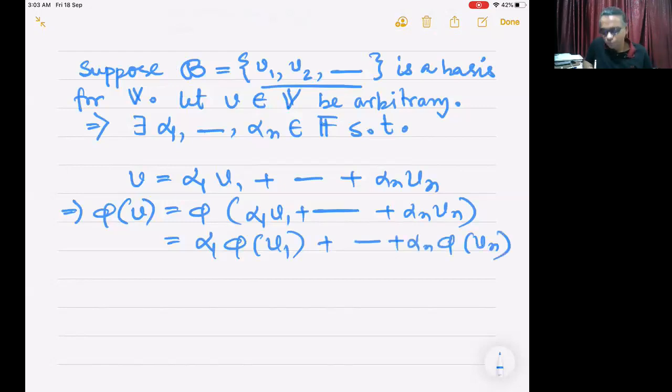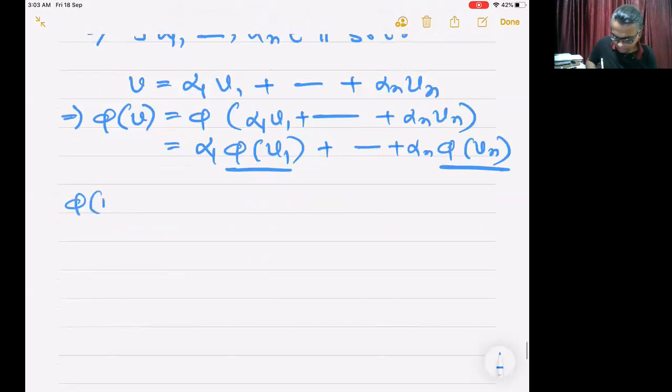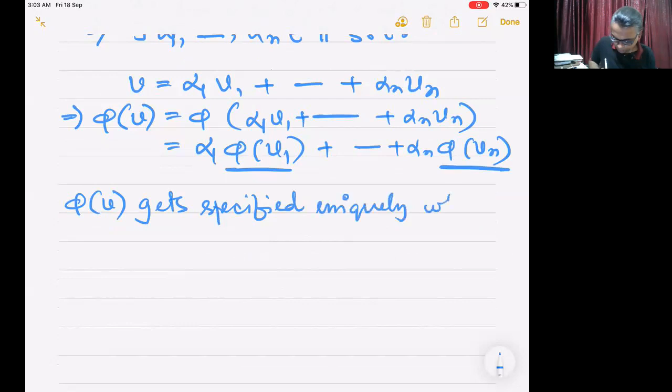So if I know what these vectors are, then I know this phi V. So phi V gets specified uniquely when phi V1 up to phi Vn are known.